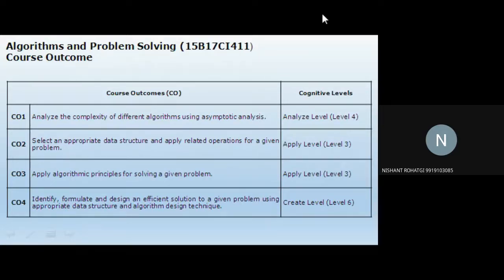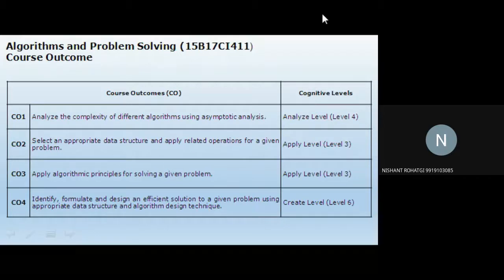The third course outcome is: apply algorithmic principles for solving the given problem. That means for solving a particular problem, which algorithm is the most suitable. You should have the ability to provide the solution, think over which algorithm is most appropriate for that problem, and why it is the most appropriate.